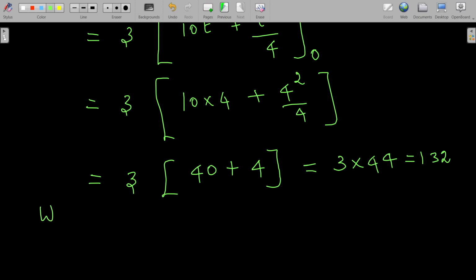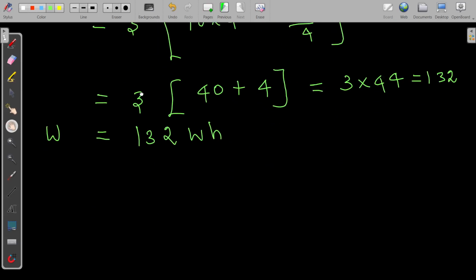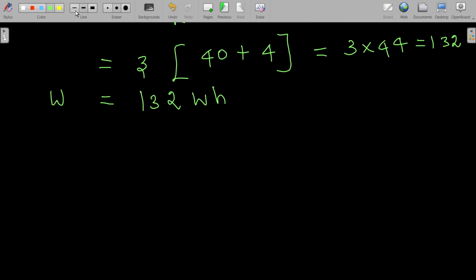So this is energy, right? In hours, it is 132 watt hours. When you convert it into kilowatt hours, that becomes 0.132 kilowatt hours.